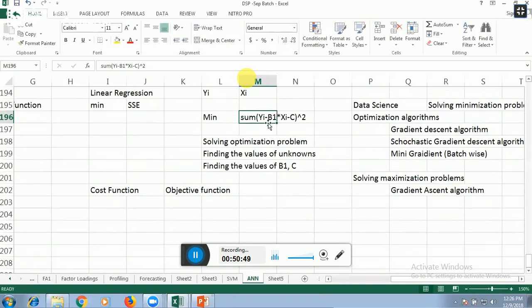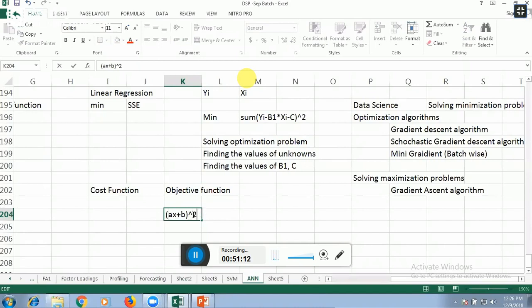We are saying the sum of y minus beta x plus constant, whole square, right? So this is, if I talk about this one, an ax plus b whole square kind of formula. Am I correct or not? Ax plus b whole square.